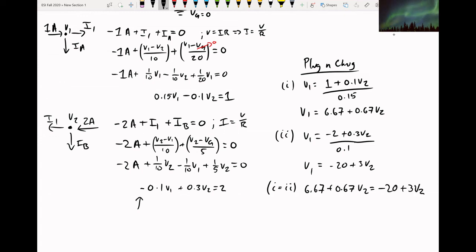And we solve for V of 2. It looks like 2.33 V of 2 is going to be equal to 26.67. So therefore, V of 2 is going to be equal to 11.44 volts.